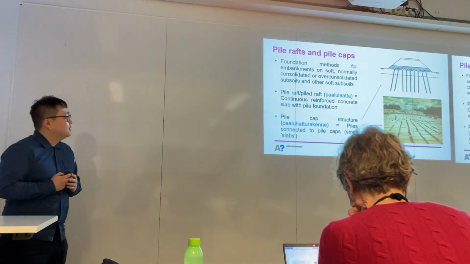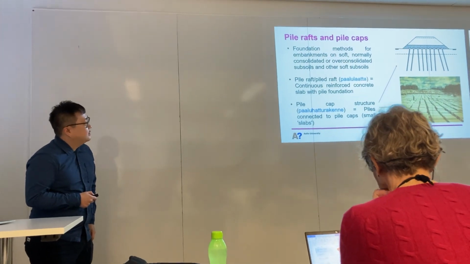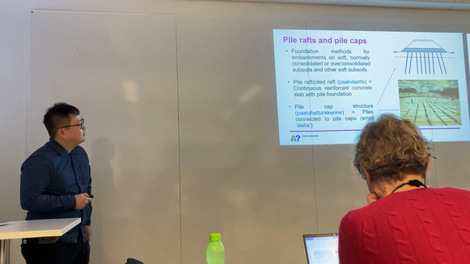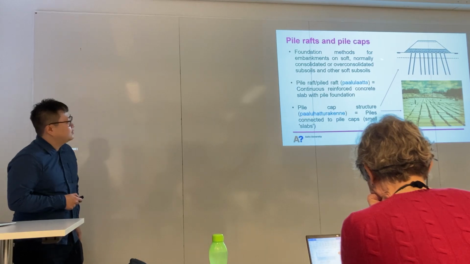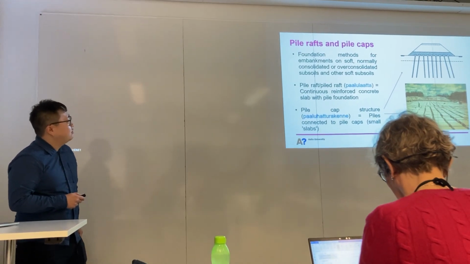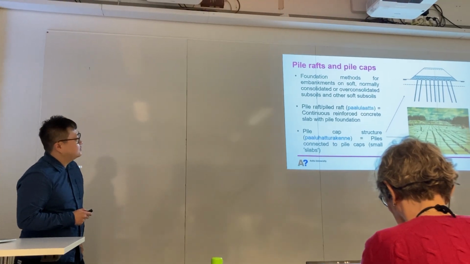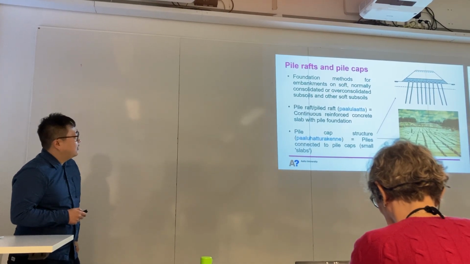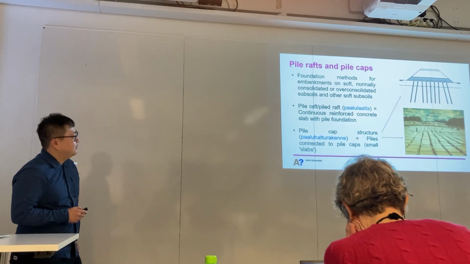Let's consider what the connection is between the piles and the environment on top of the piles. We should use the pile rafts and the caps to connect these two different parts. The pile rafts are the foundation method for embankments on soft subsoils, and also a continuous reinforced concrete slab with the pile foundation.